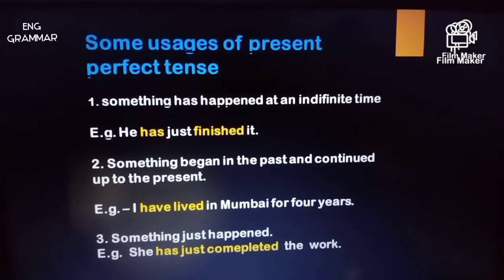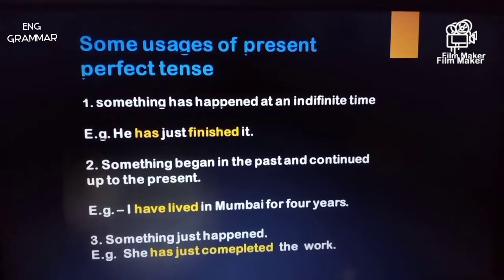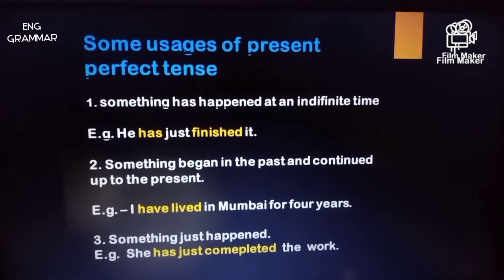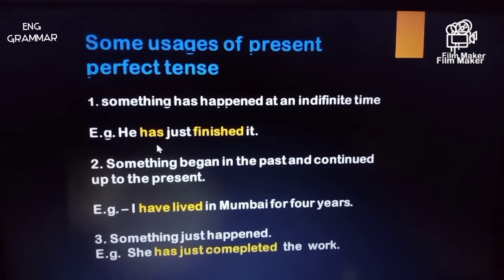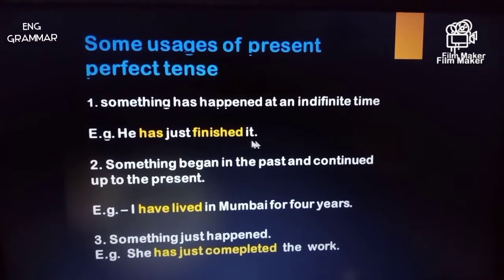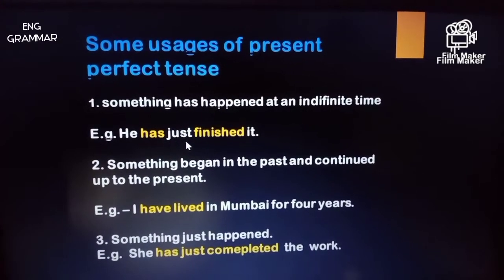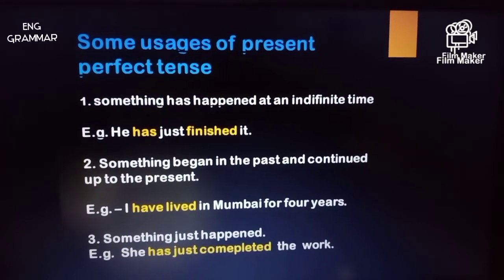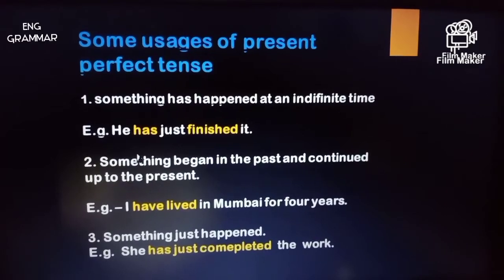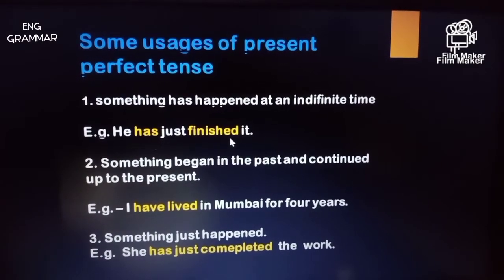It means the action is completed but the exact time of the action has not been told. Take a look at the example here. He has just finished it. This sentence tells you that something has been completed but the time has not been mentioned. So for that we can use the present perfect tense, has plus the V3 form of the given verb.